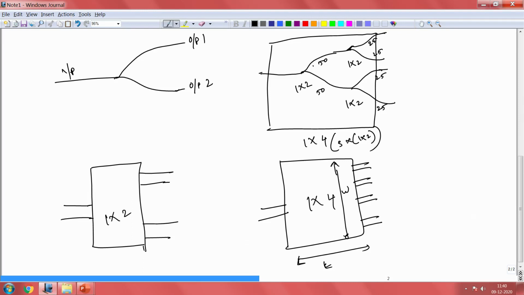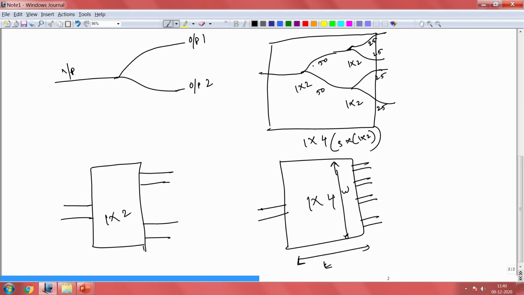However, it is not as rudimentary as the Y splitter, where you just keep on adding 1 by 2 splitters, stage by stage. Here you can have a new design that will give you direct power splitting from 1 input to 4 outputs, with a single device.